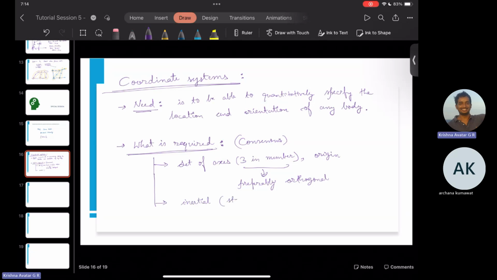Either the origin should be stationary, or the coordinate system has to be stationary, or it should move with uniform velocity. Not uniform, it's constant, right?